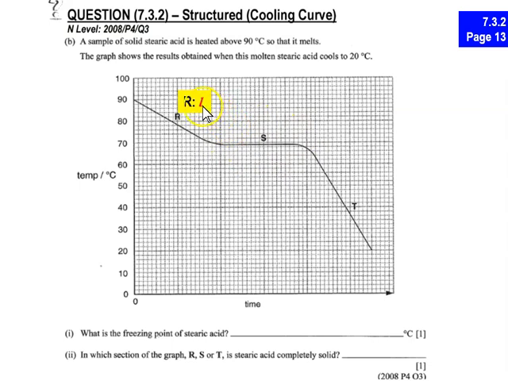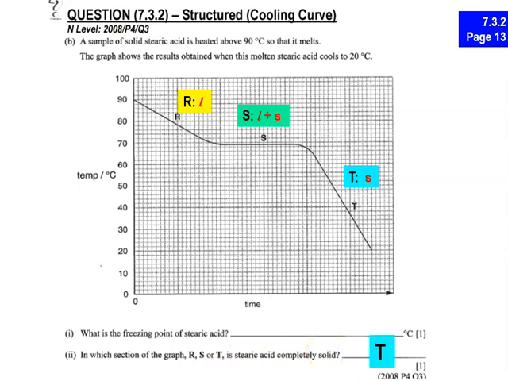So what is the state below liquid when it loses heat? That will be solid. So S will be a mixture of liquid and solid, and T will be purely solid. So the question is actually asking you in which section of the graph, R, S, or T, is stearic acid completely solid. Your answer will be T.